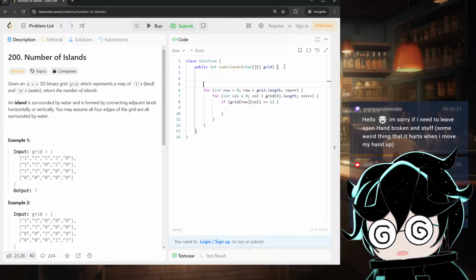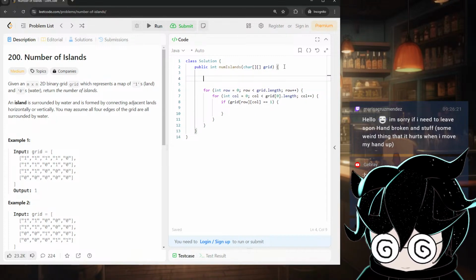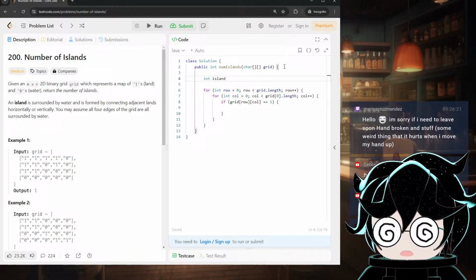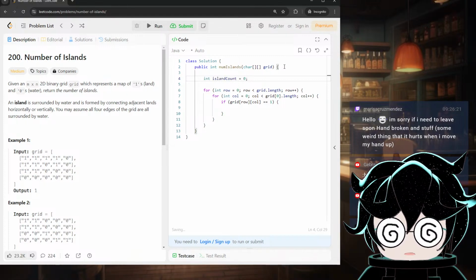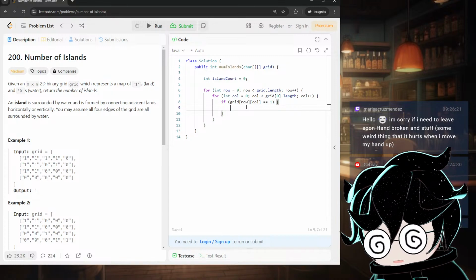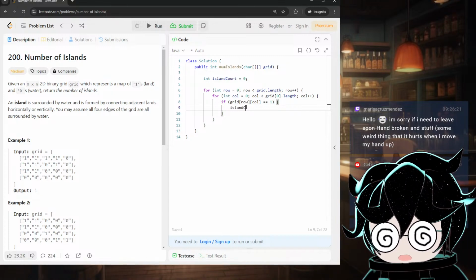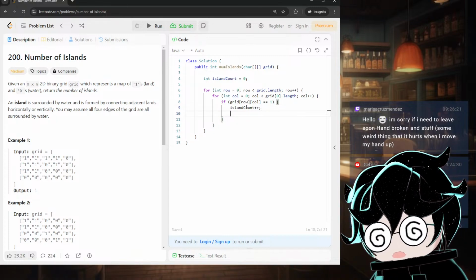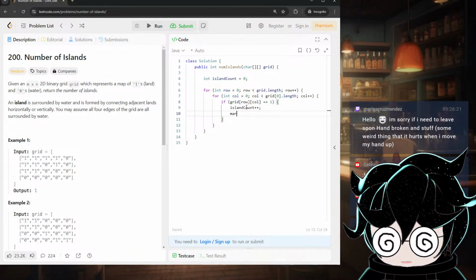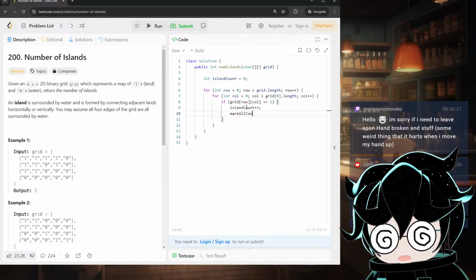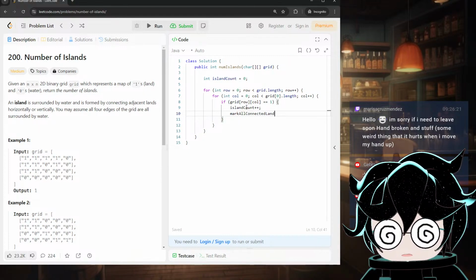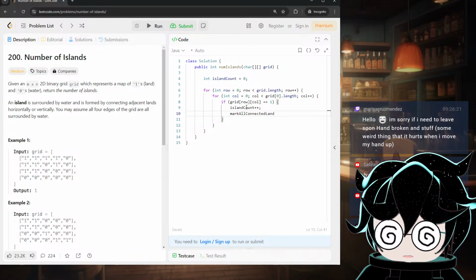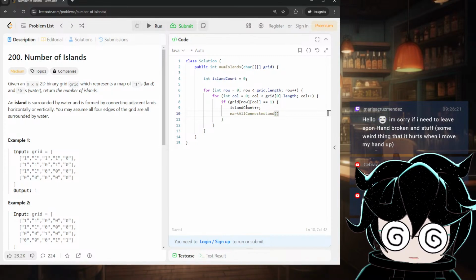We need to maintain an island count too. Int island count is equal to 0. So if we see a spot that we have not visited before, island count plus plus, and then we need a helper function like mark all connected land. Is this a good thing to name a function? It's so long.